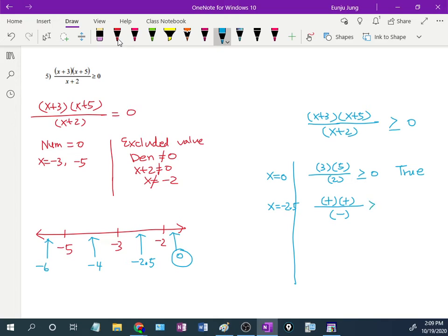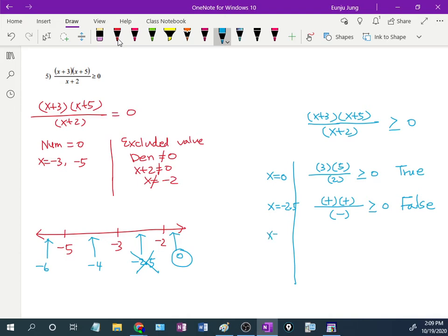Negative. Is that greater than or equal to 0? No, that is negative, so that's false. So I don't take this region between -3 and -2. That's not the solution set. I'm checking only positive and negative signs because the inequality has 0 on the other side.